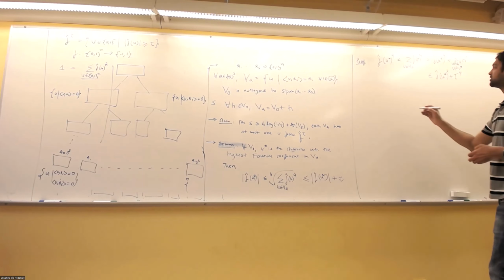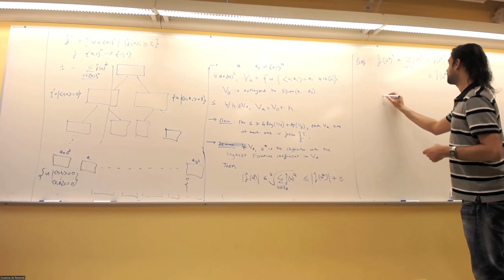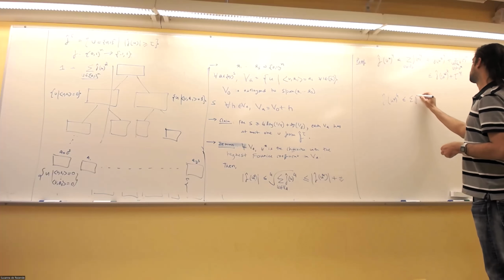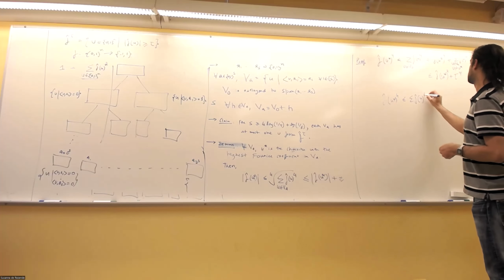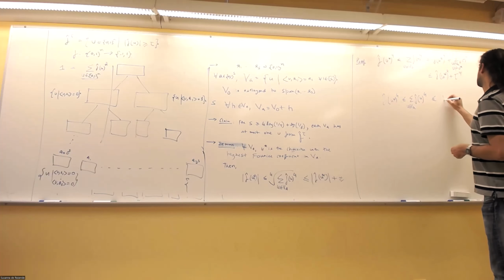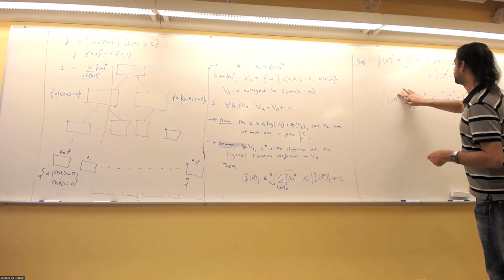In other words, we have that f hat u star to the 4 is at most, taking the 4th root everywhere.